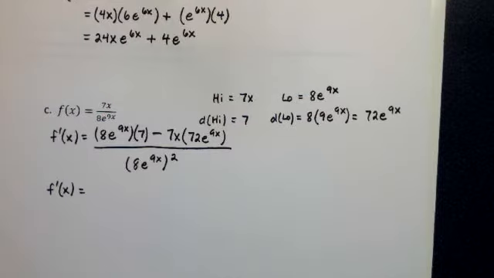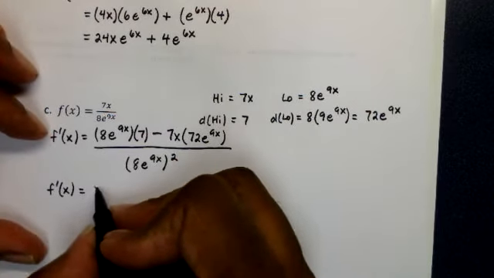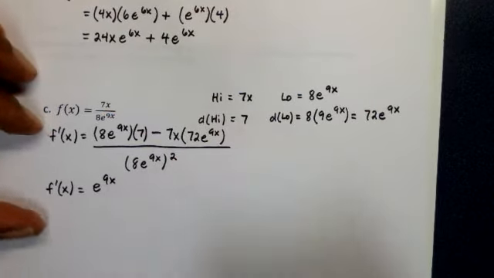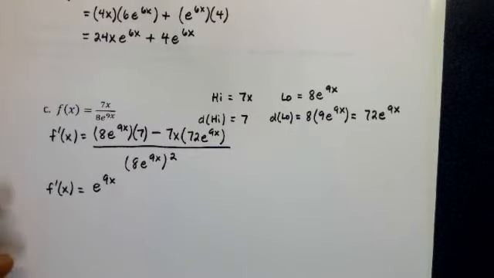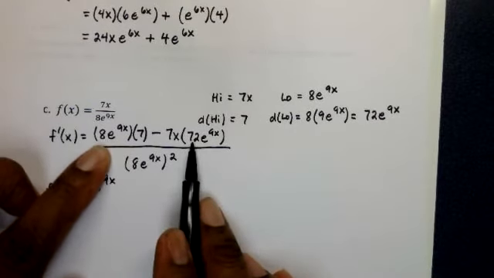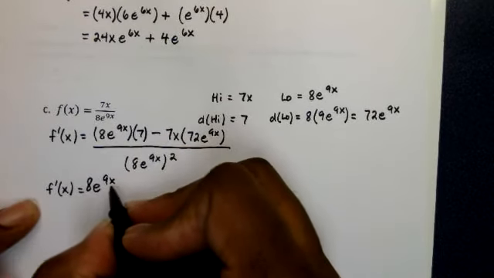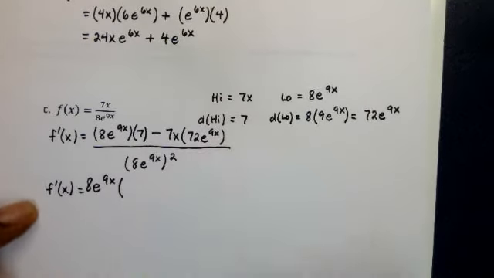Now let's see if I can factor out that e to the 9x, because that's in both of these terms. Or better yet, that 8 and that 72 have a common factor of 8. Let's factor out the 8 along with that e to the 9x. Might as well do that as well.